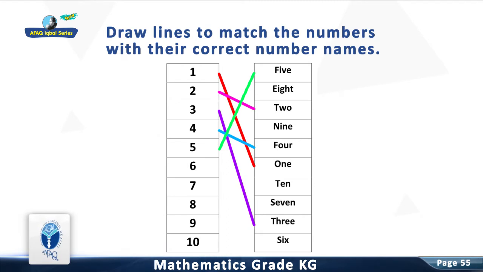Good. Number 5 is matched with FIVE 5. 6. Good. 6 is matched with the SIX 6. 7. Good. 7 is matched with SEVEN 7. 8.